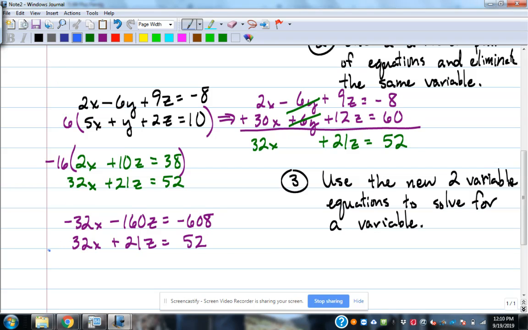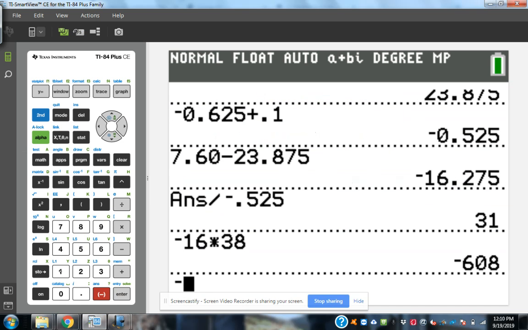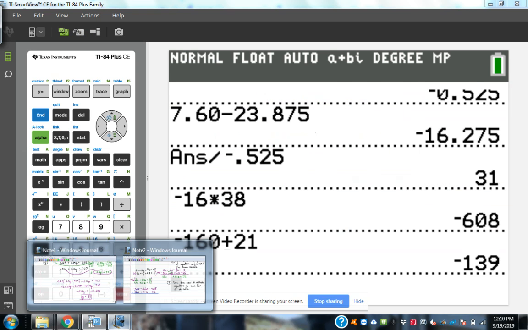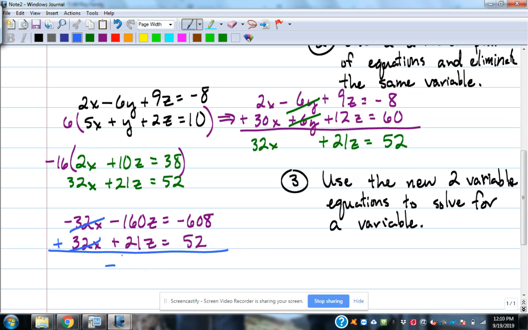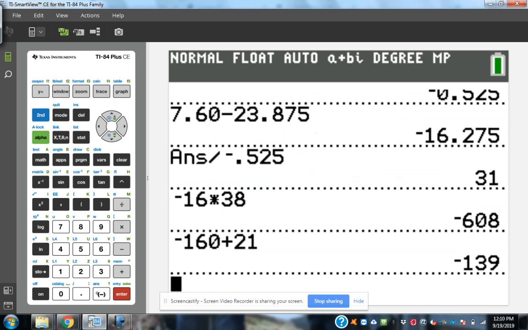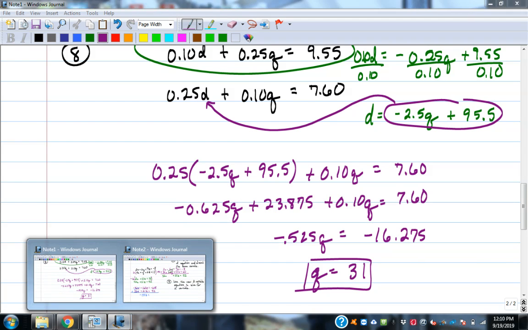And then I put those together. The x's cancel. And then we got negative 160 plus 21 is negative 139. And then negative 608 plus, how much was it? 52.